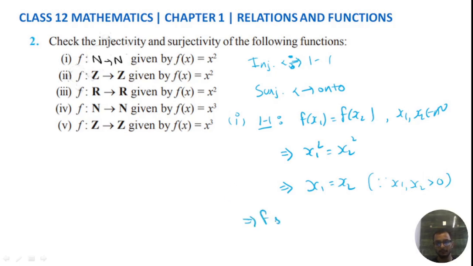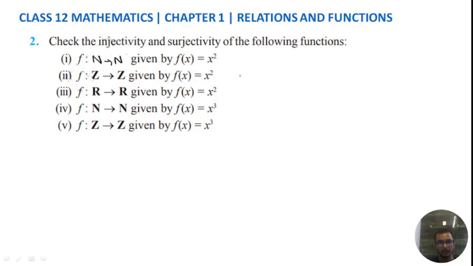This implies f is 1-1. Now let's show whether it is onto or not. For every natural number we should find some natural number. Can you tell me that 3 belongs to natural numbers, but there does not exist any x belonging to natural numbers such that f of x equals 3?